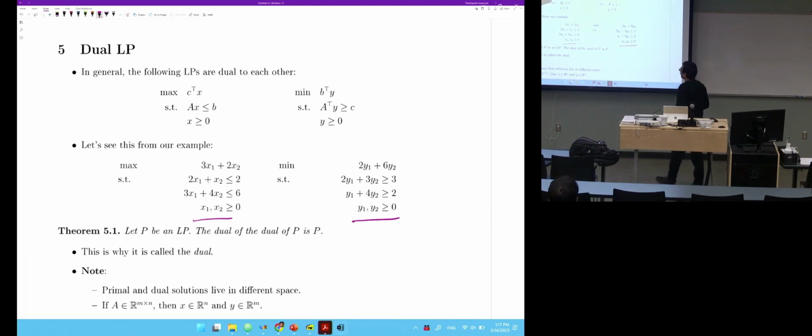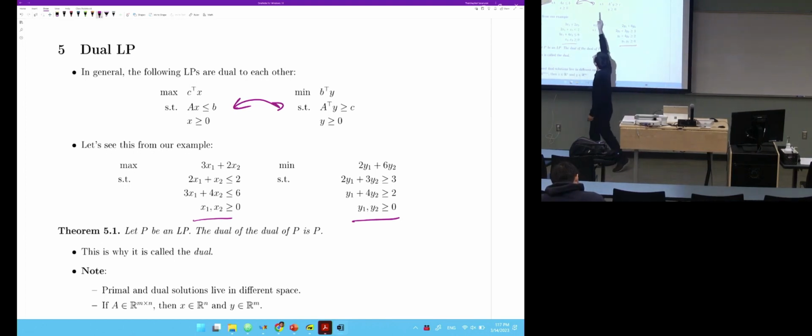And what is cool is that if P is some LP, and you take the dual of P, and take the dual of that dual, it's going to be your original problem, P. Because you can just check syntactically that when you convert this guy to this guy, and flip things so that this is at most and this is maximization, and take the dual again, you get back this guy.